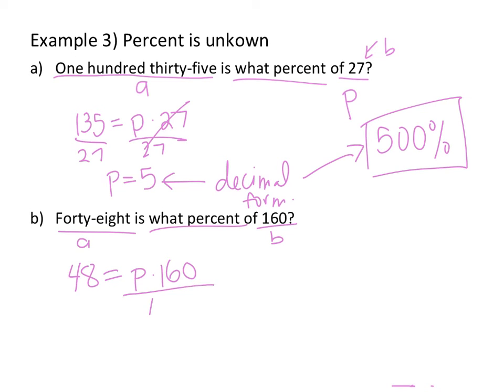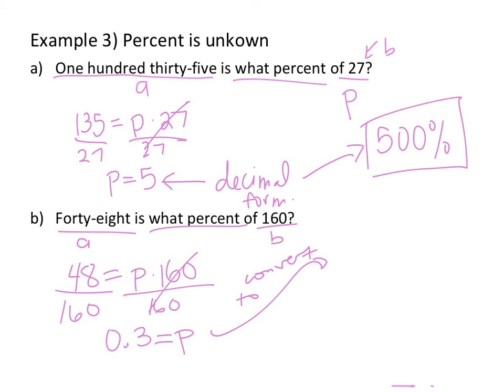I'll divide by 160 to solve for P. 48 divided by 160 using a calculator is 0.3, which is equal to P. I want to convert to percent. So I'm going to move it 2 times to the right. 1, 2. That's going to be 30%.